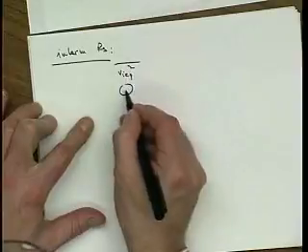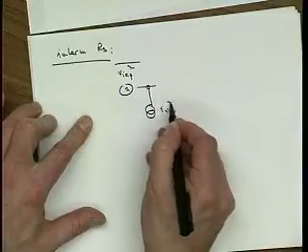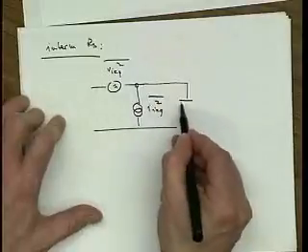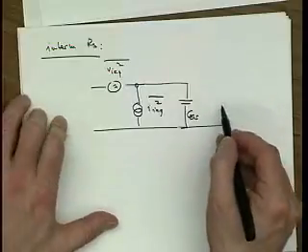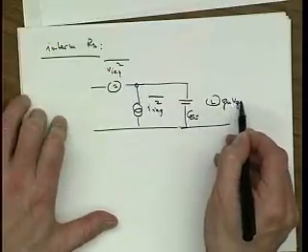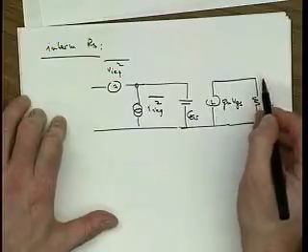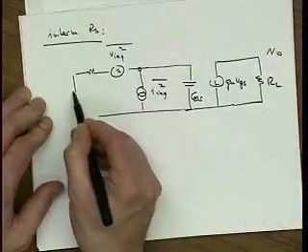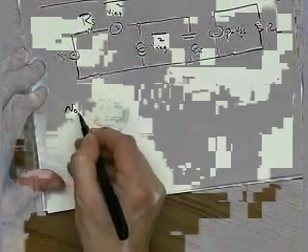So my model now is VIEQ squared and IIEQ squared, CGS, gmVGS, RL, Vout. So VON squared.